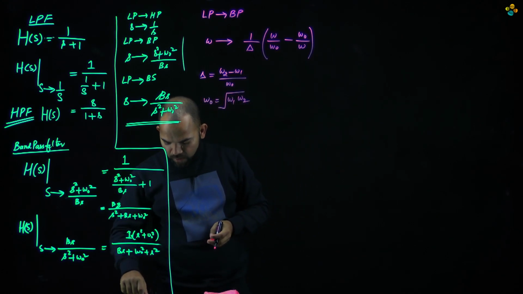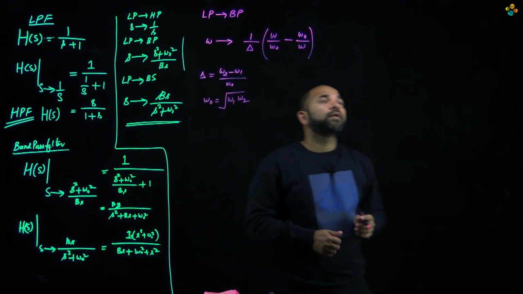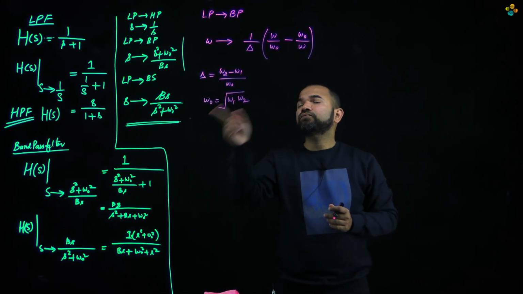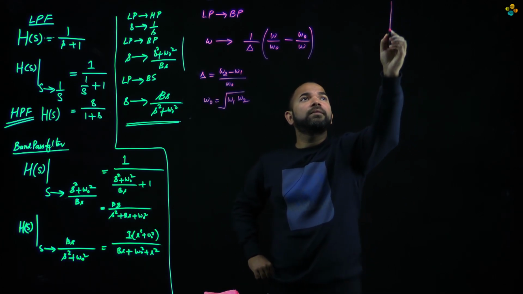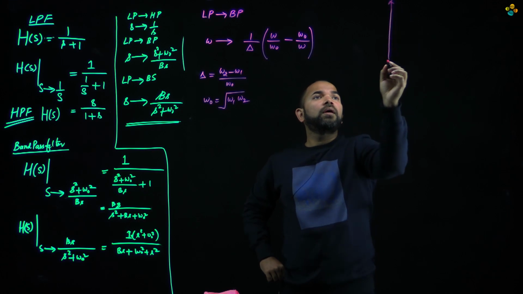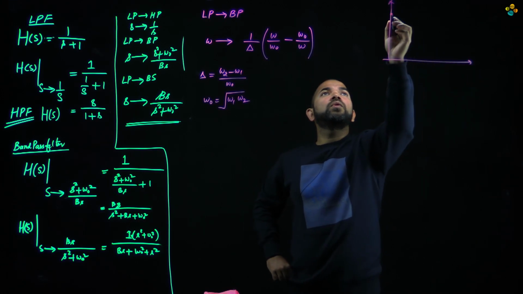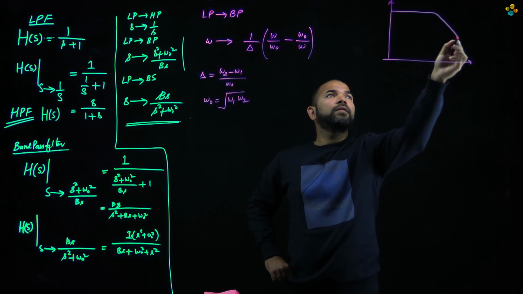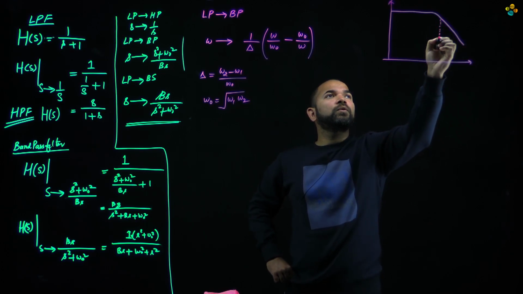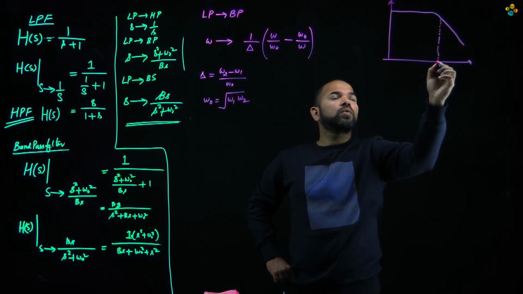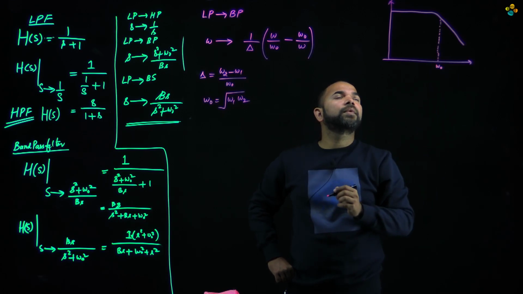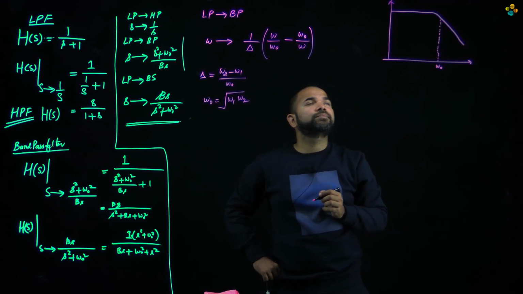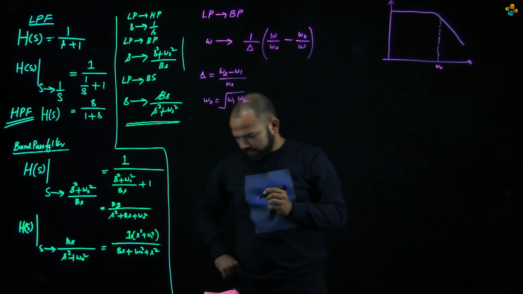So let's see how these frequencies are going to result in the transformation. Say for a low pass filter, our response would be like this, and there is one frequency which is called omega naught here as a cutoff frequency.